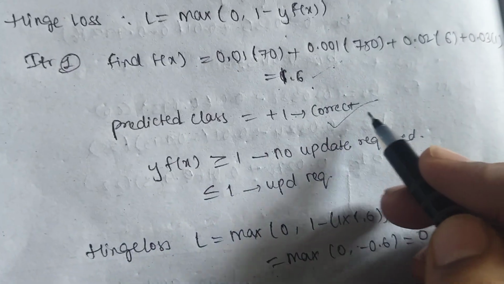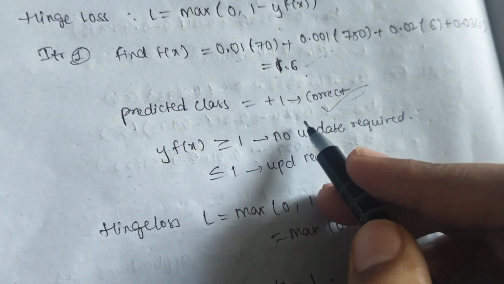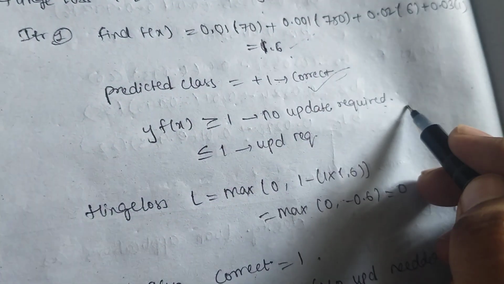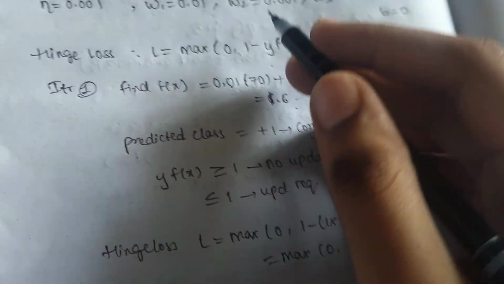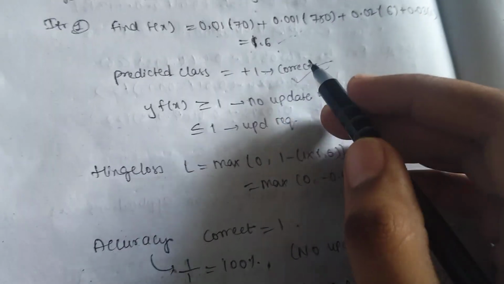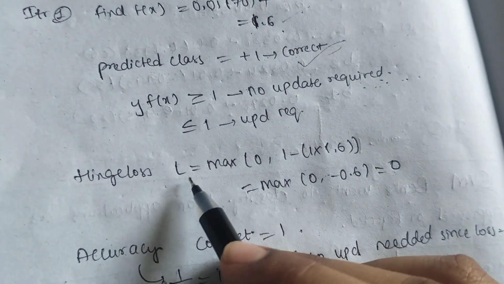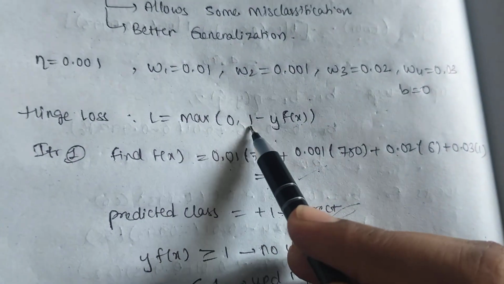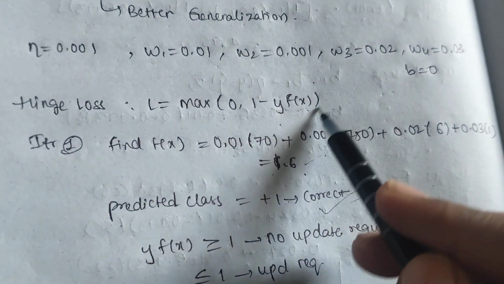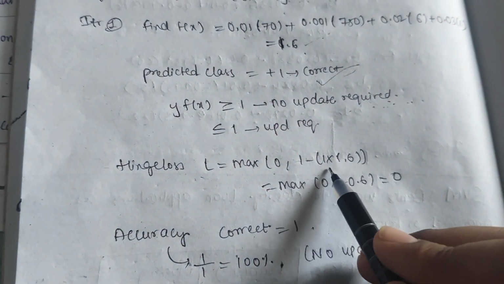You have predicted correctly, so the moment you have predicted correctly, there is no need to update the weights. You can just continue with the same weights that you have assumed. After that we'll be finding the hinge loss, that is maximum of 0 comma 1 minus y times f(x). So what did you get?